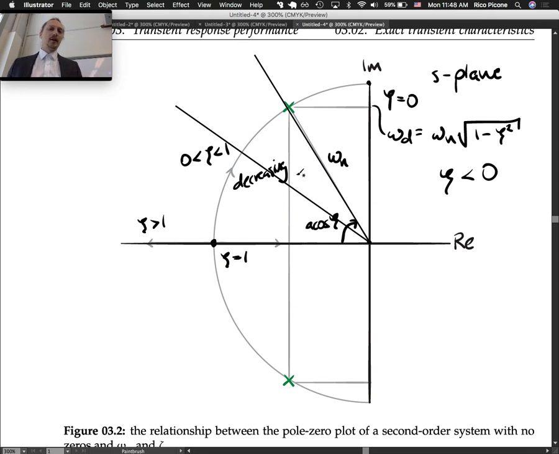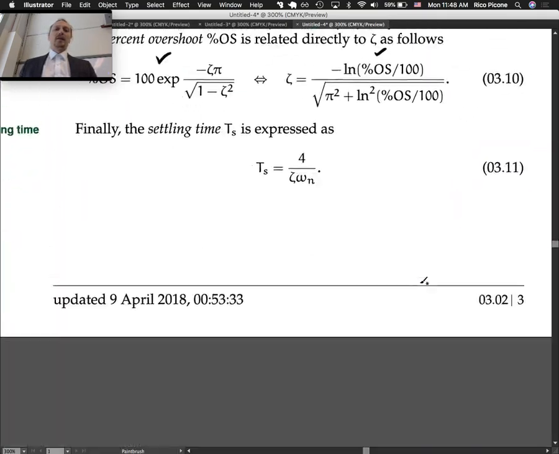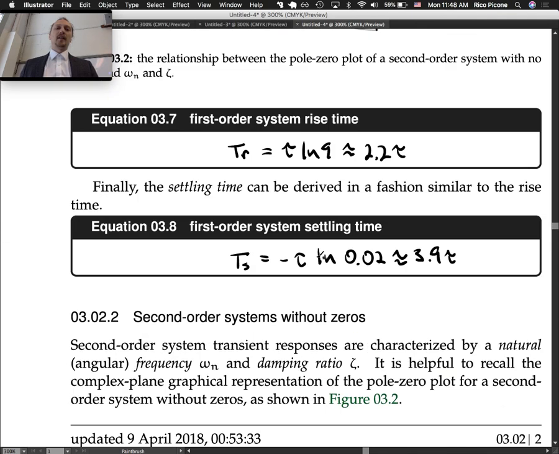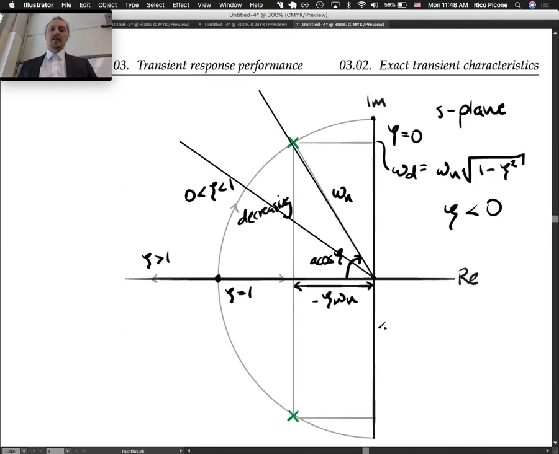And then this is another important one to take a look at, the graphical representation. So we've got the pole location being there. It turns out that this distance along the real axis is negative zeta omega n. So remember that our settling time, where was the formula for it, 4 over zeta omega n. So remember that settling time is equal to 4 over zeta omega n.